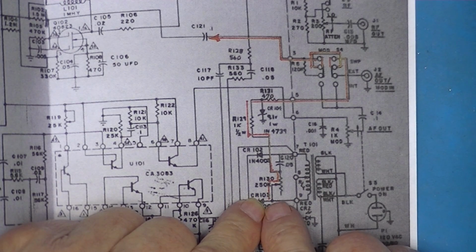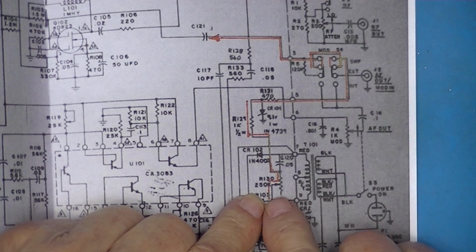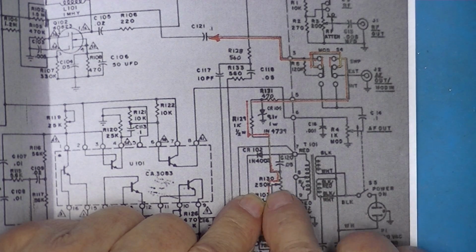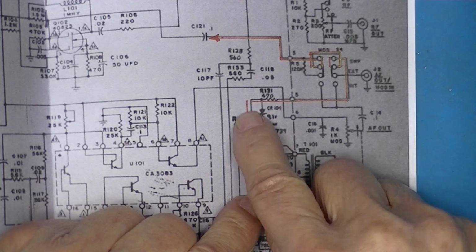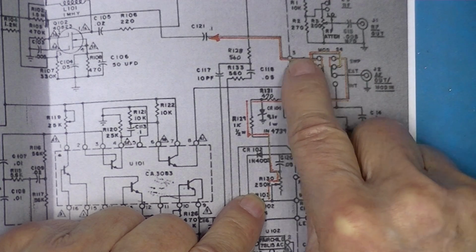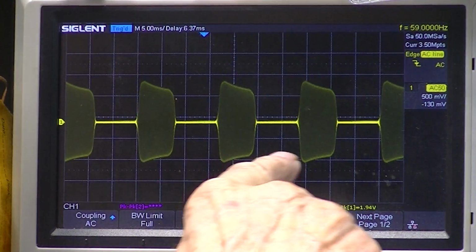So a 60 hertz in the United States, 50 hertz in Europe signal, it's a sine wave. It's shaped, and then it's applied to the RF amplifier, giving us this output.